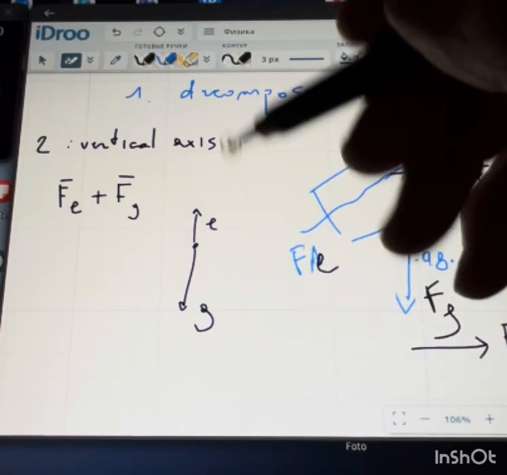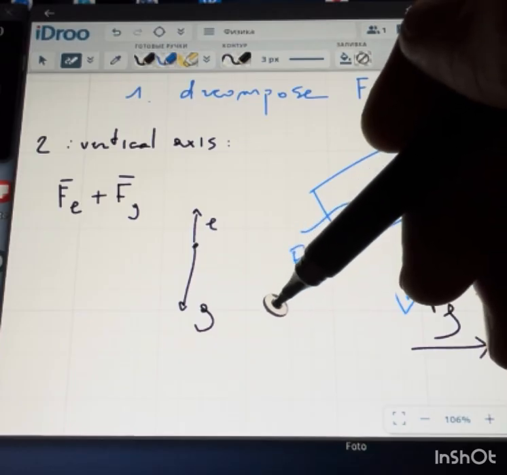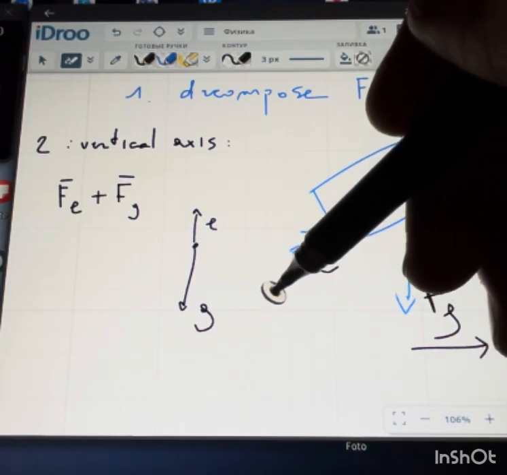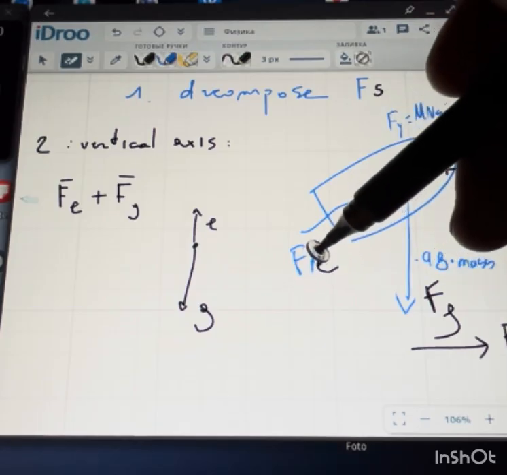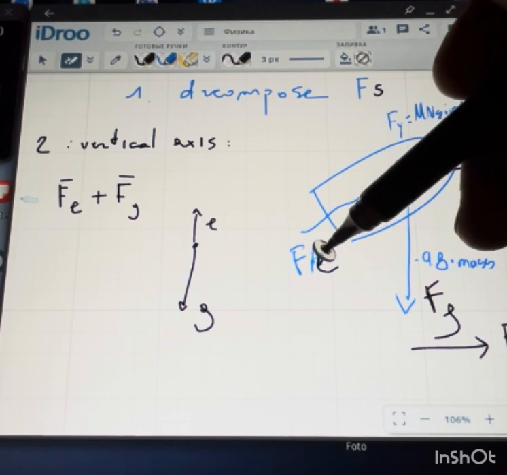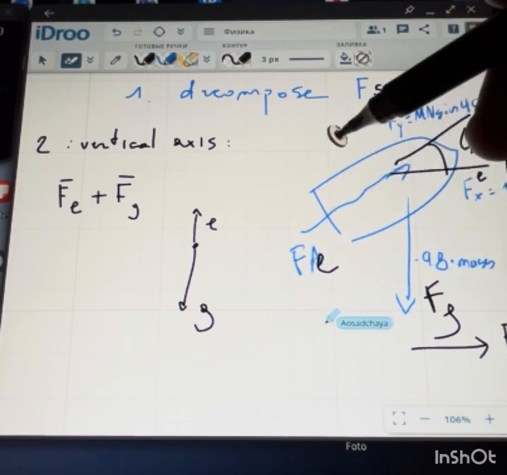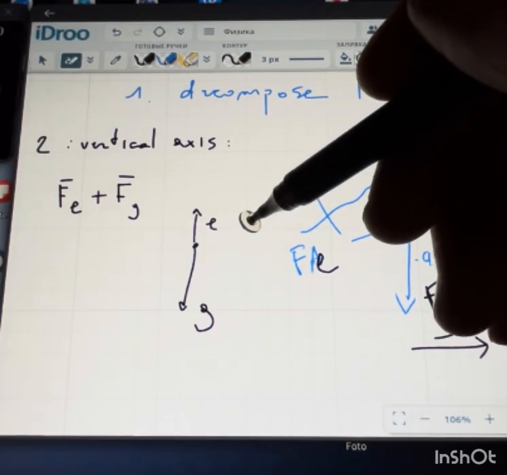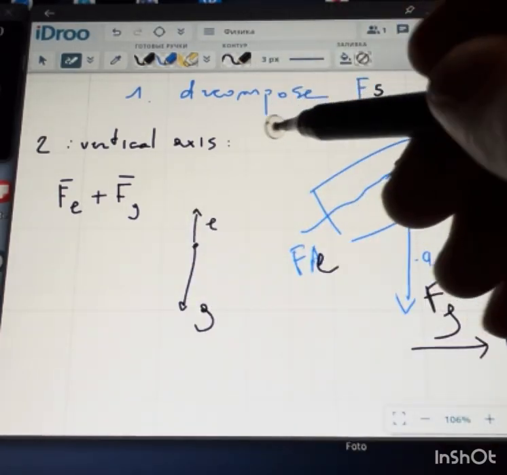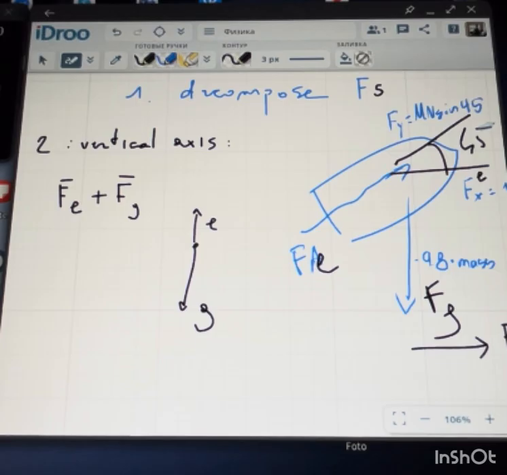Let's try plugging numbers in. Wait, I don't know how to plug in meganewtons. Okay, let's use a rule of thumb.